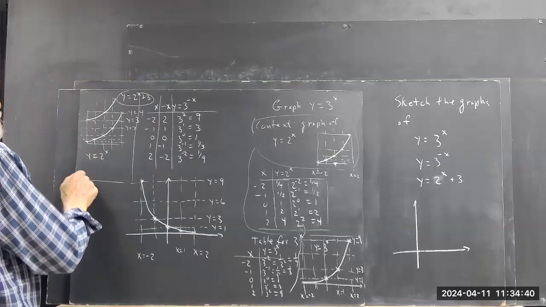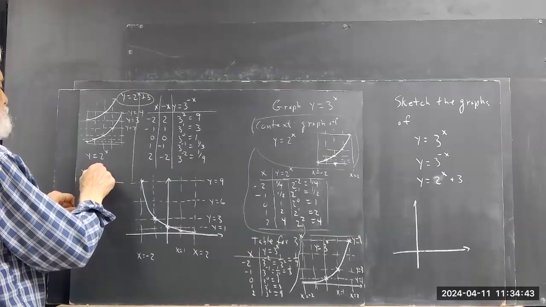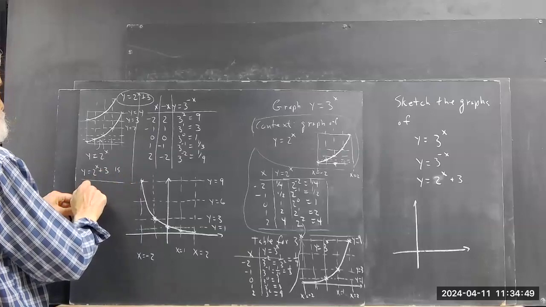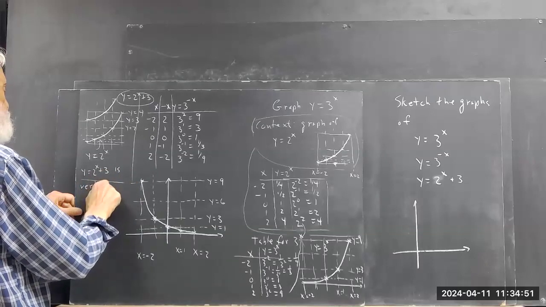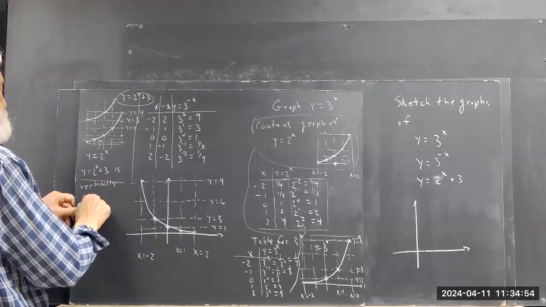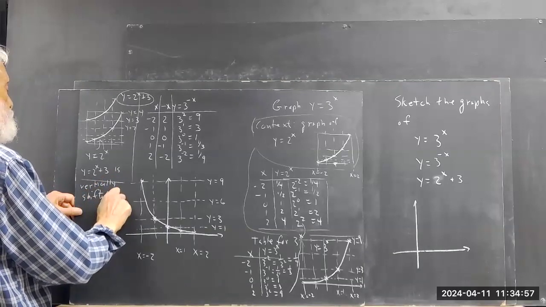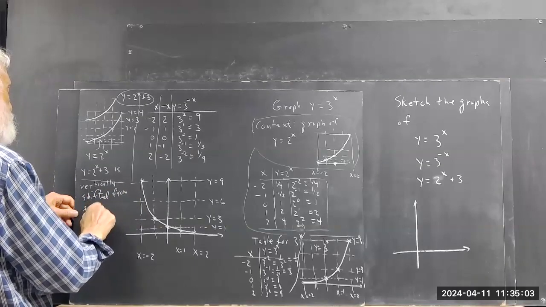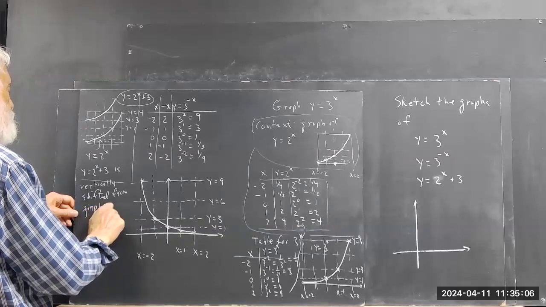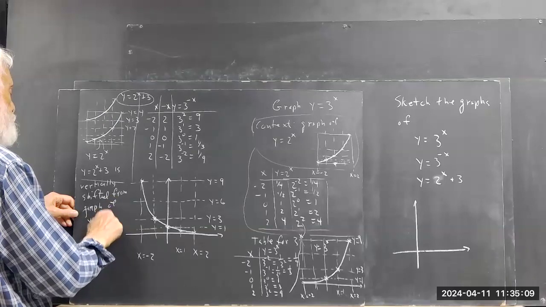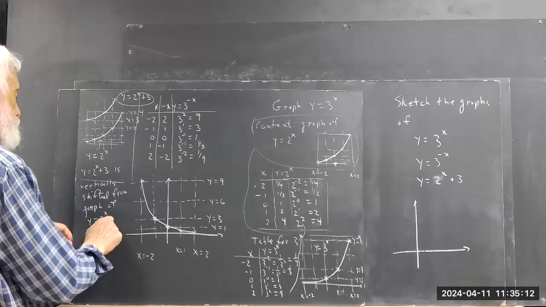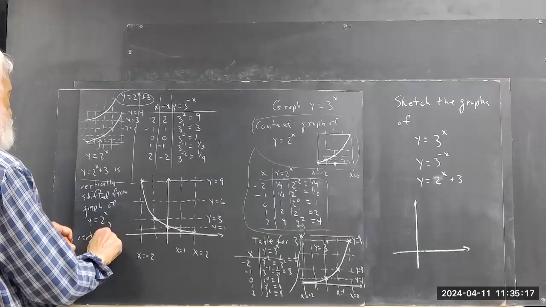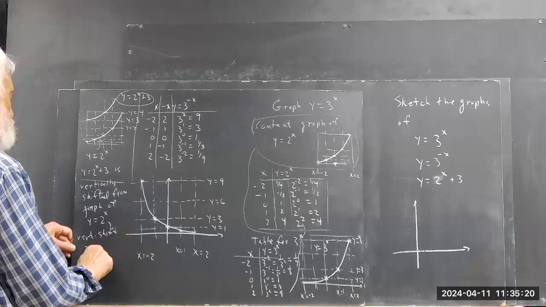And there's a picture, and that's y equals 2 to the x plus 3, vertically shifted from the graph of y equals 2 to the x. The vertical shift is 3 units.